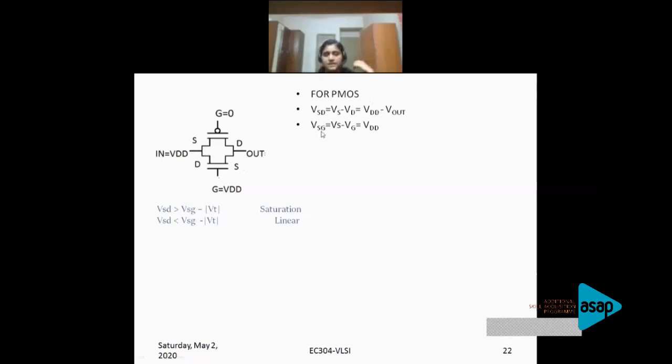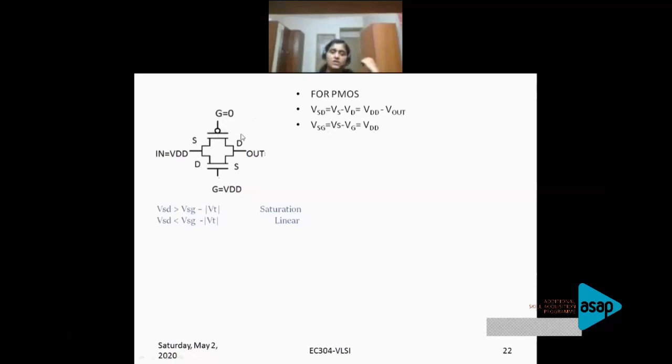Now what is VSG? VSG is nothing but VS minus VG. Now remember, for PMOS to be on, the gate terminal you are giving as 0 volt, right? So this is VS minus VG, that means VDD minus 0, which is VDD itself. So we got the equations for VSD and VSG. One thing you have to note here is I'm making the gate terminal 0. Am I right?